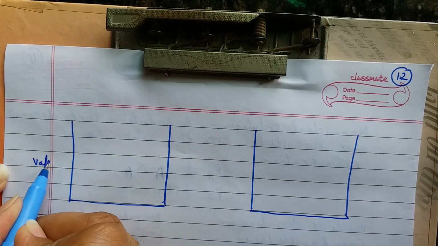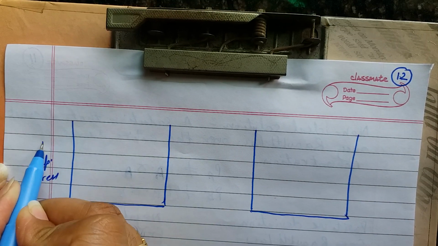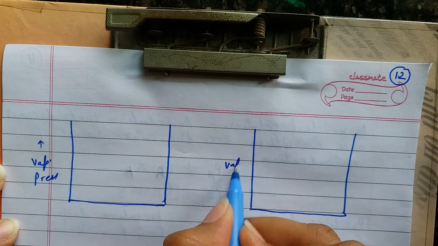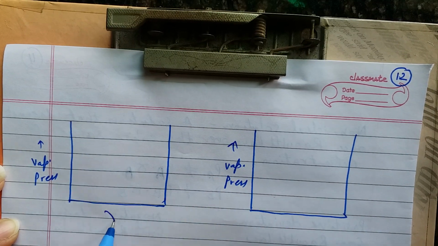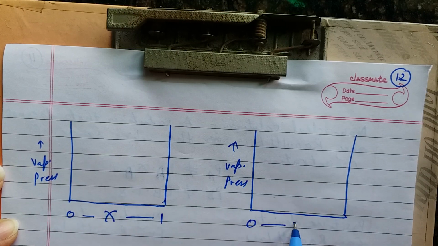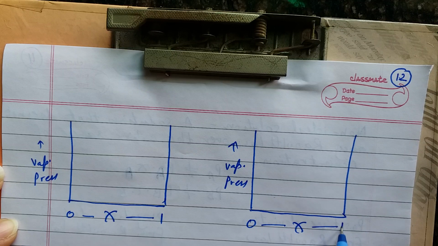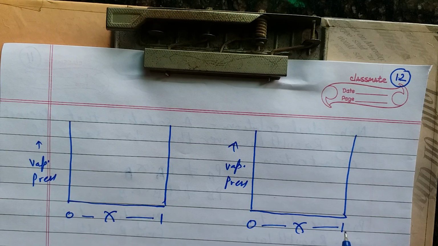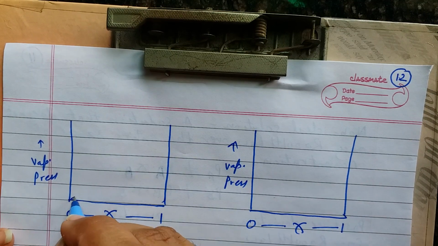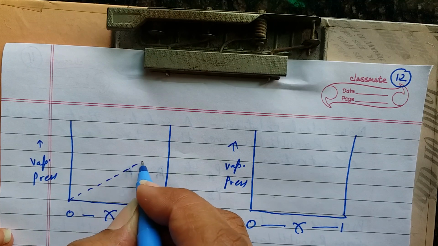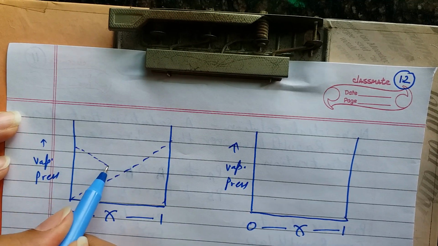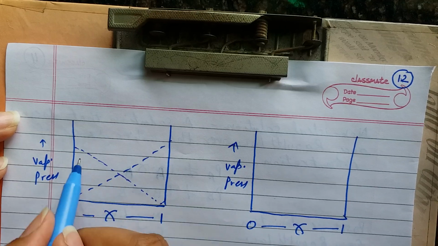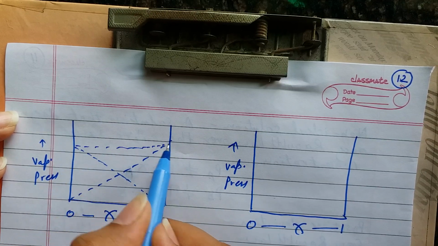So if we take vapor pressure on the y-axis as usual, and mole fraction varying on the x-axis from 0 to 1, I am first of all showing the expected behavior. The expected behavior is shown with dotted lines. So it is expected that for the two components, the vapor pressures are going to vary like this, and the total pressure will vary like this.